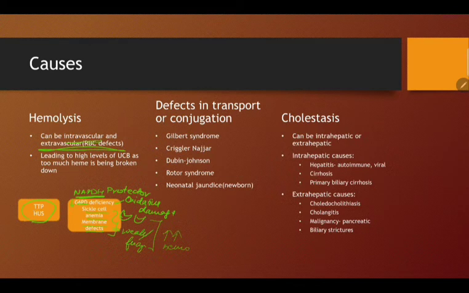TTP and hemolytic uremic syndrome. So TTP is thrombotic thrombocytopenic purpura, and hemolytic uremic syndrome. The reason why they cause hemolysis is they increase the amount of clots, microthrombi formation in the body.